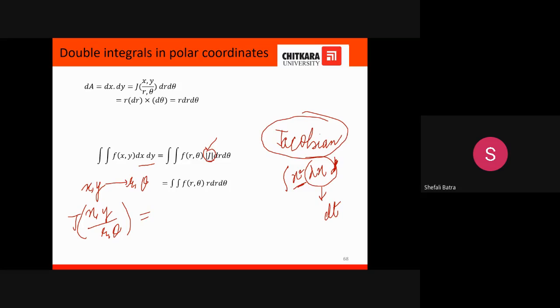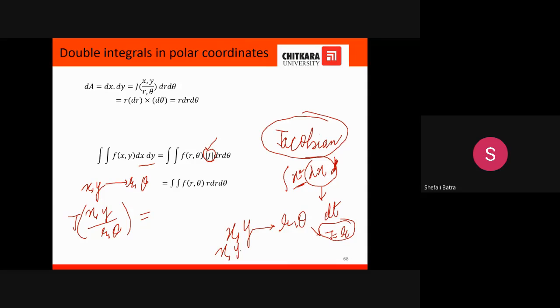What is the value of Jacobian? I asked you to remember all these Jacobians. Again, I am telling you, when you convert Cartesian to polar coordinates, the value of Jacobian would be r. Please remember it.